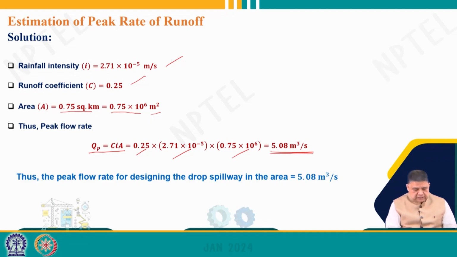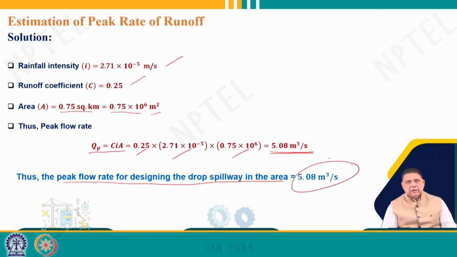So, using the rational formula, the peak flow rate for designing the drop spillway for a return period of 25 years comes out to be 5.08 cubic meters per second, or 5.08 cumecs. This is how we can estimate the values here.